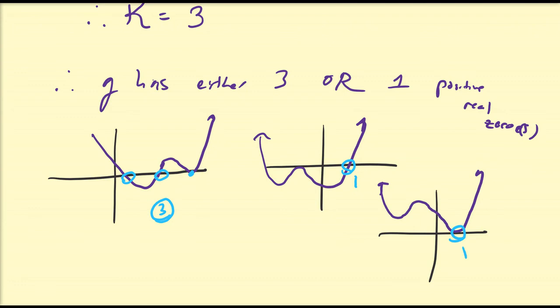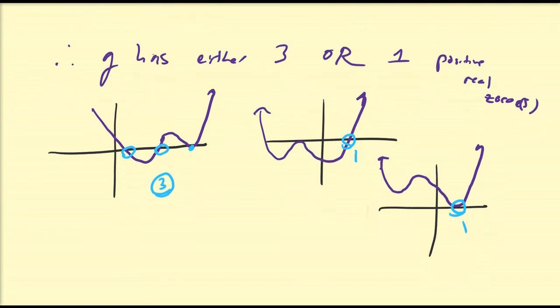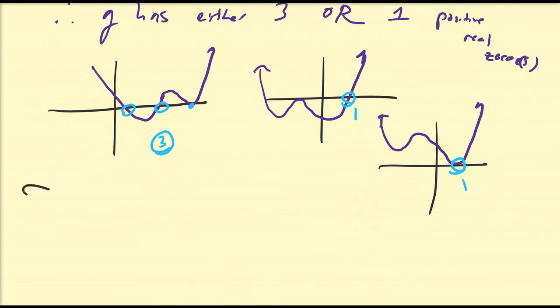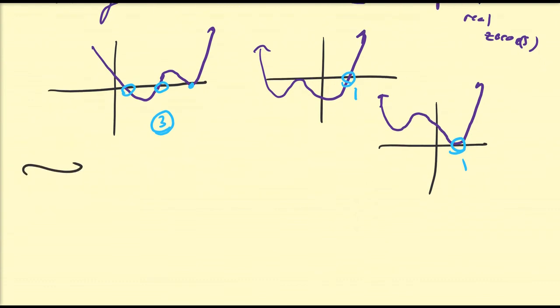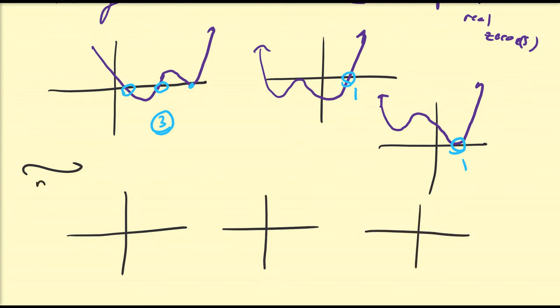Now we're not going to discuss how multiplicities fit into this picture, but any one of these cases could be the case. So what would be cases for which it would not be possible? You can't have 4 positive real zeros, so you can't have something like that. So that's our 4 case. You can't have 2.